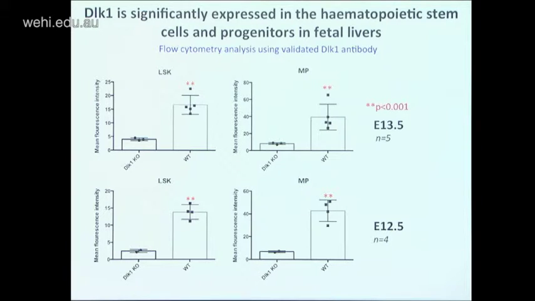So using that antibody, at E13.5 and E12.5, the fetal livers express Dlk1 at a significantly high level compared to the negative control. I've used Dlk1 knockout livers as negative control, so both stem cells and the progenitors at both time points.